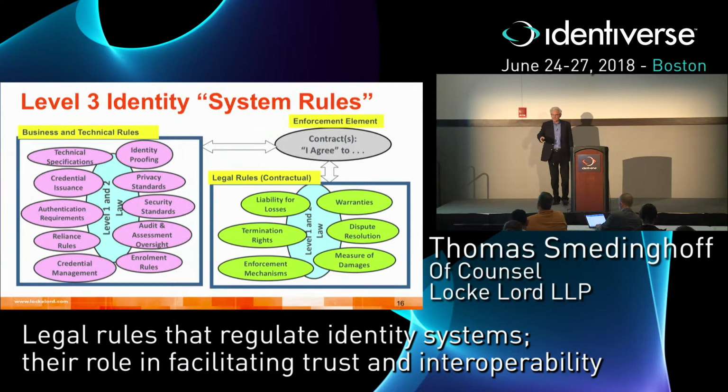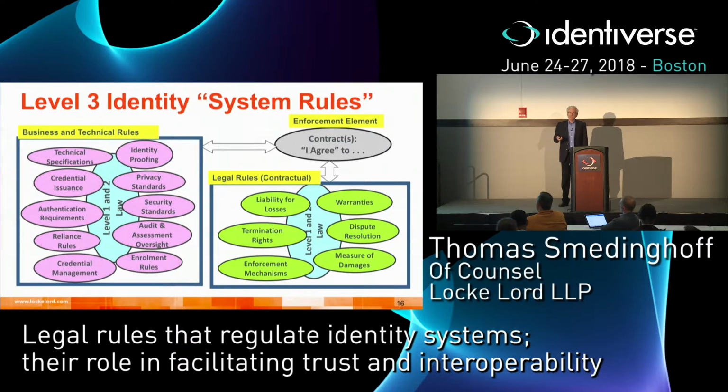So this is just a very brief, high-level overview of the type of things you might cover in the context of system rules. Technical specs, how you issue credentials, authentication requirements, reliance requirements, identity proofing, on and on and on, as well as legal rules. You know, who has liability for what, what kind of warranties are being made, how are we going to calculate damages, how are we going to enforce various provisions, and so forth.